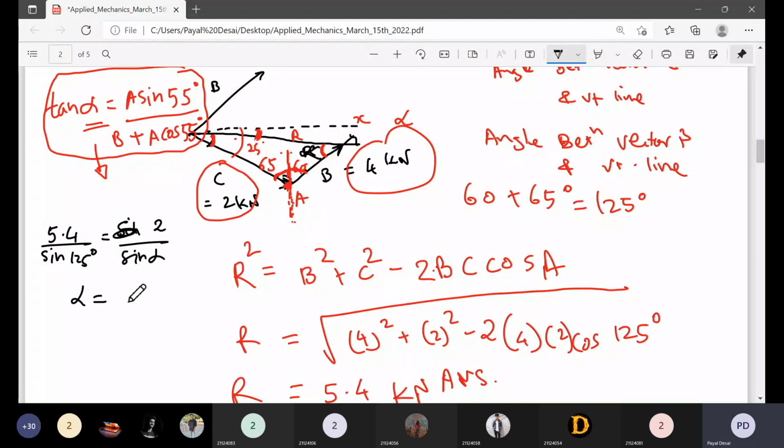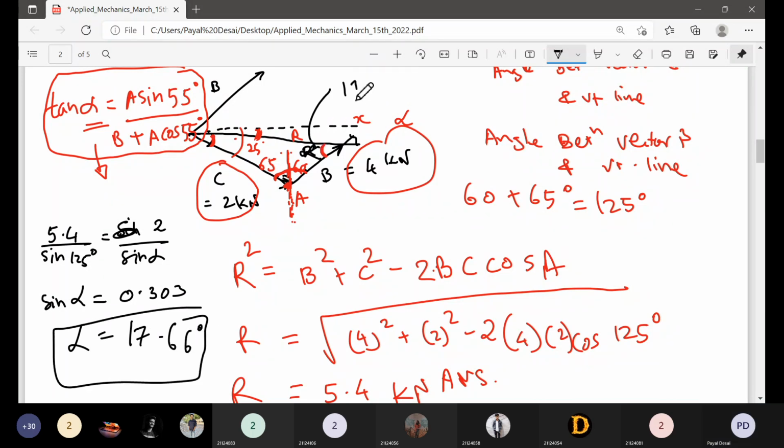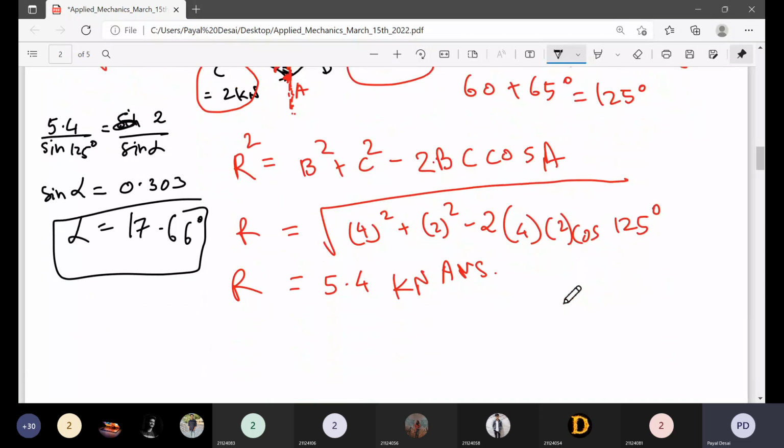But how much is the alpha then? So sine 125. Ma'am, 42.84 is coming. Yes. You can use that method also, no problem, but see, I am getting sine alpha something like this. So if you take the inverse, 17 degree is coming for alpha. So this angle is 17 degree. And then you take the summation of 180 degree and deduct that 125 and 17 degree.